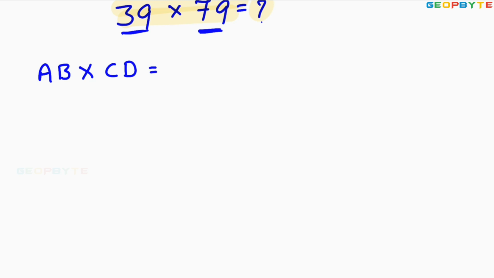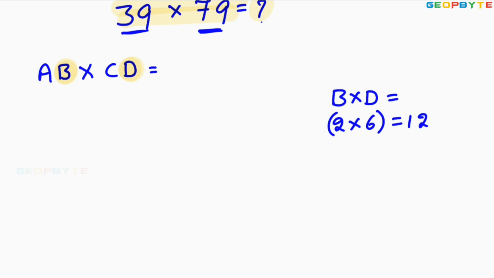For that, first you multiply the unit place digits, B and D. B multiplied by D. Assume B equal to 2, D equal to 6. 2 into 6 equal to 12.